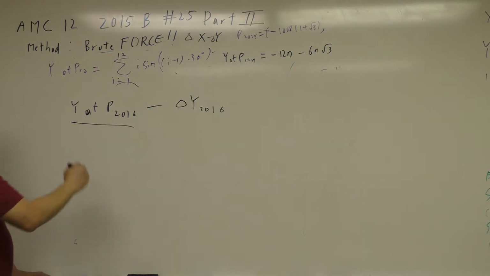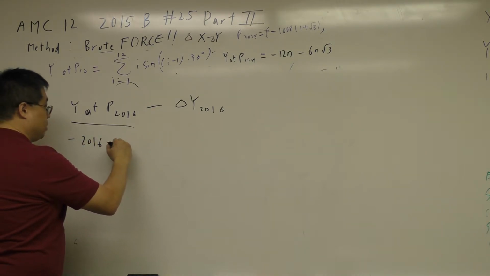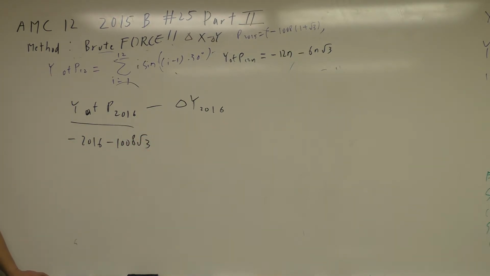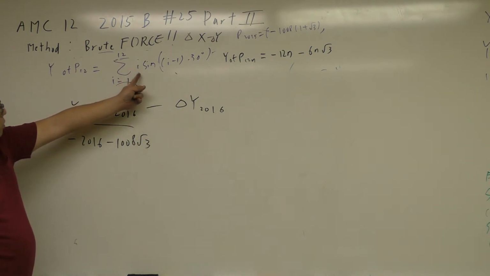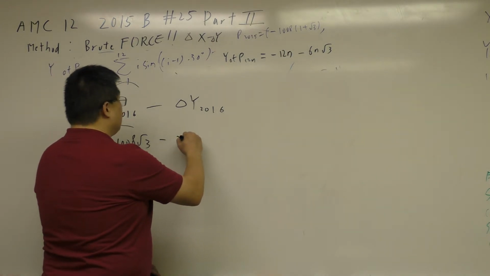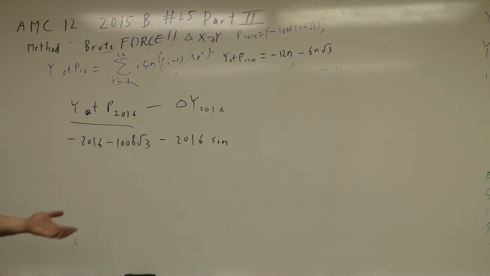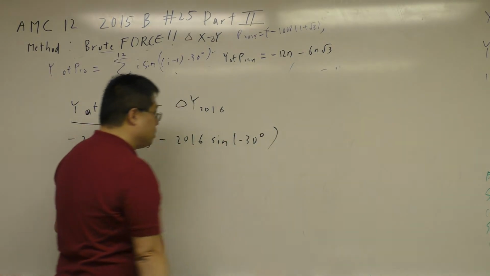This one is simply minus 2016 minus 1008 square root 3. Our delta y, again looking at this formula, we can see it is minus 2016 sine of, yeah, we already did this with the x coordinate, so it's minus 30 degrees again.